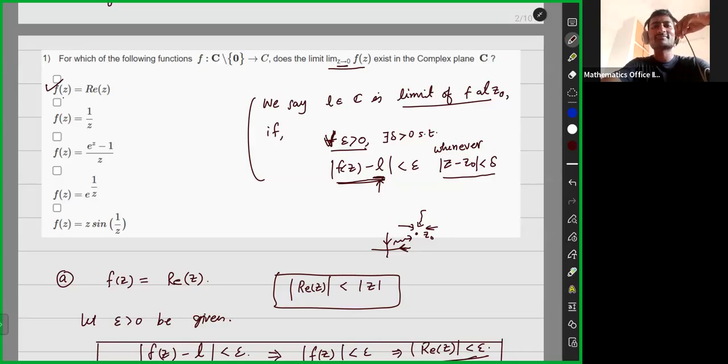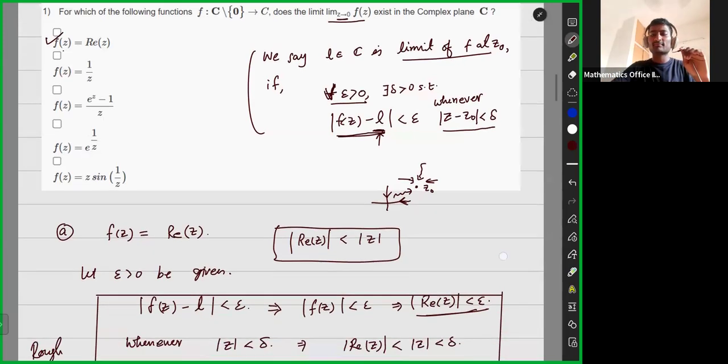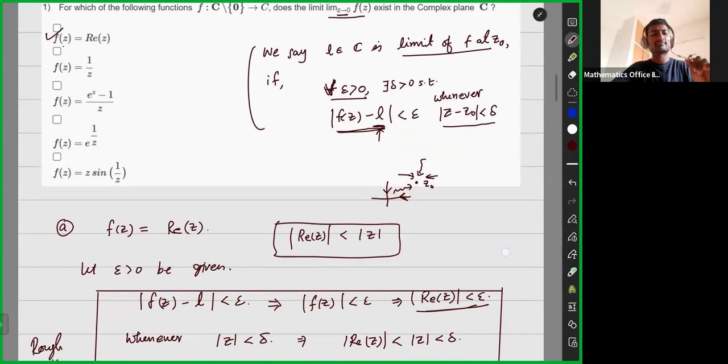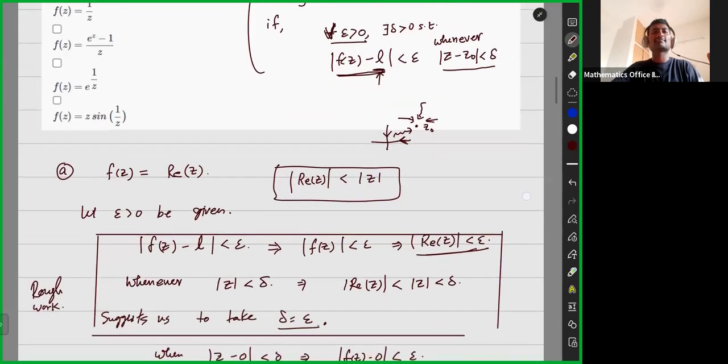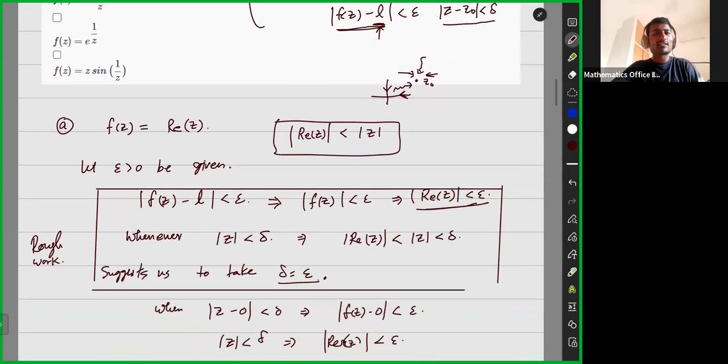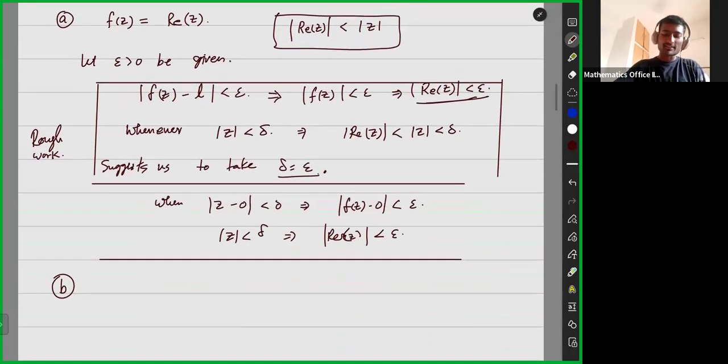Some texts and lectures do say that, and in real analysis they say that if it goes to plus infinity and minus infinity, it doesn't exist. We should say it does not exist because we are not getting any complex number where it converges. That is a good way to say it.